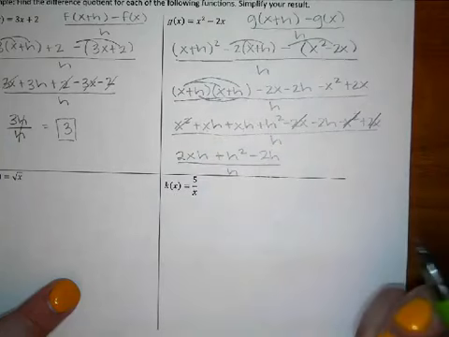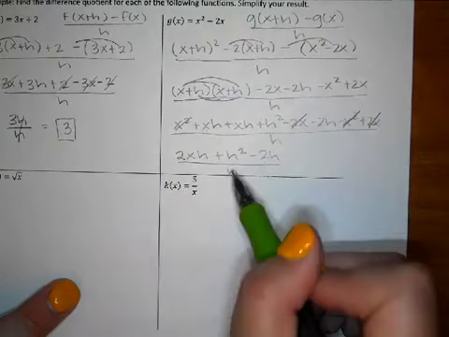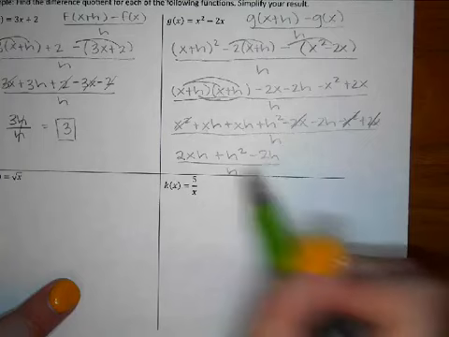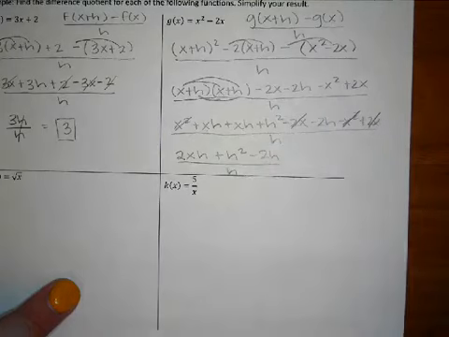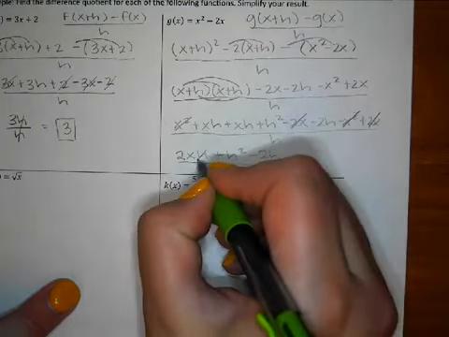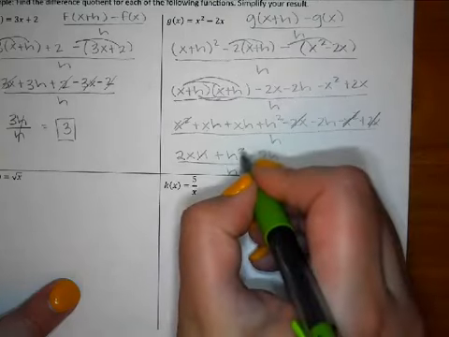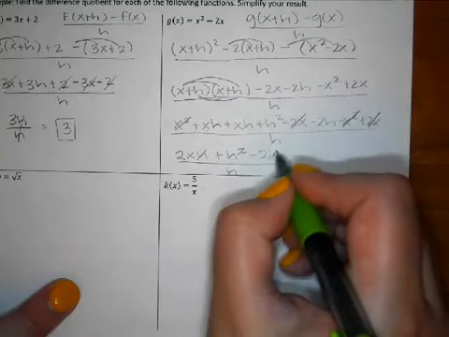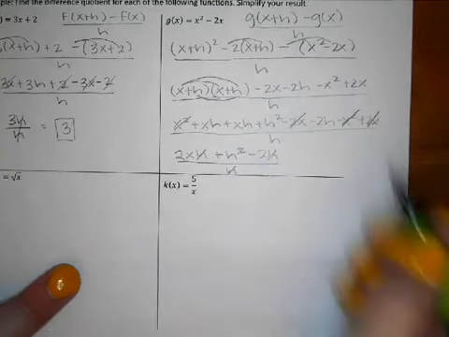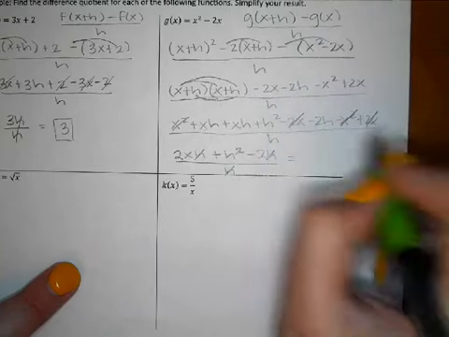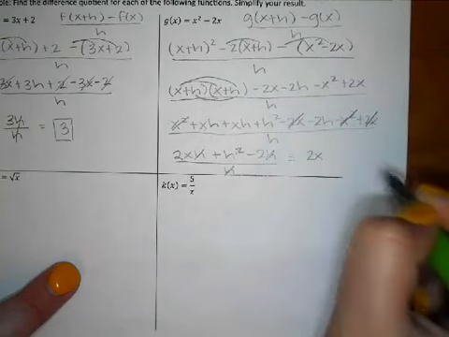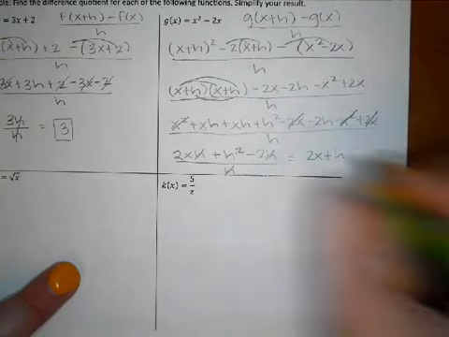So I can divide by h on each of these as long as I do it to each term, it's allowed. So divide by h, divide by one of the h's, divide by h, divide by h, and so what I'm left with is 2x plus 1h minus 2.